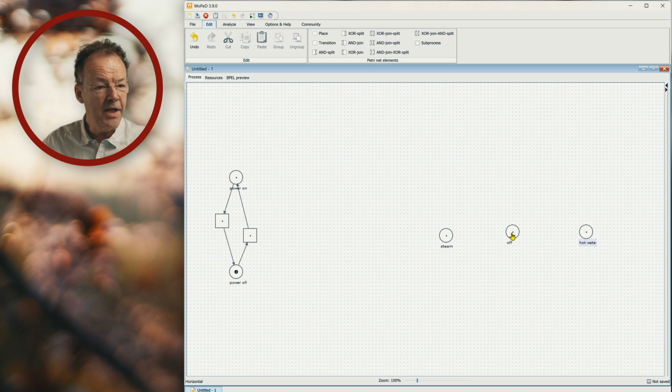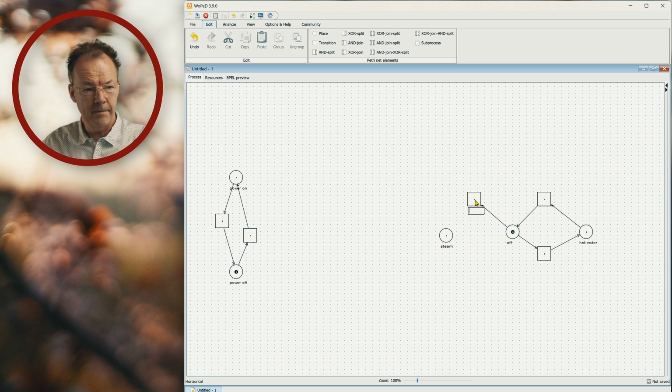And let's say at the beginning this is in the off position, so we add a token here, and we insert transitions from off to hot water. So this corresponds to turning the dial to the right hand side. One goes back, and then we have one that goes here to steam, and the other one goes back.